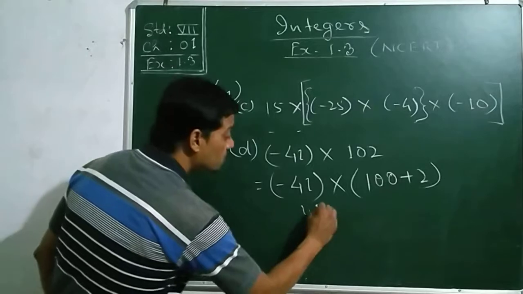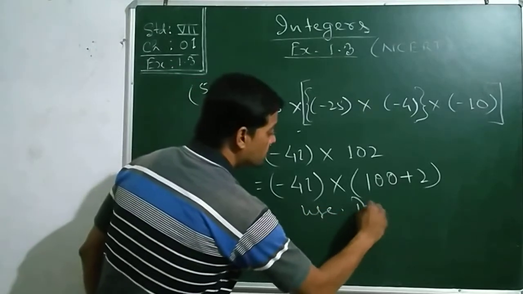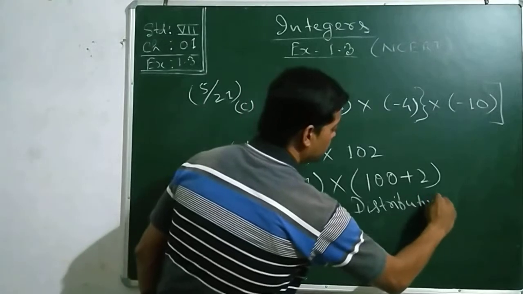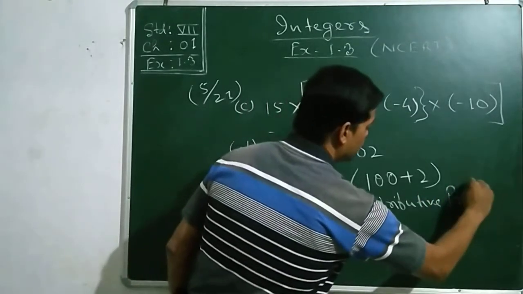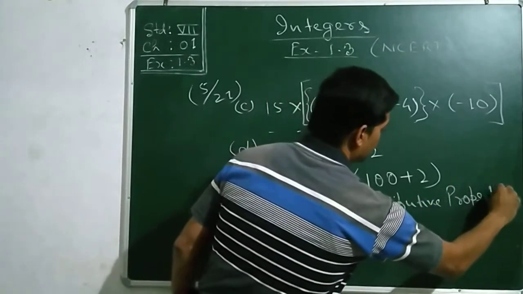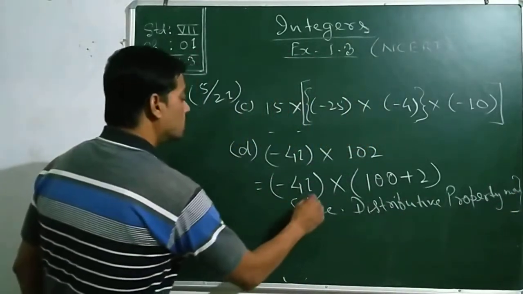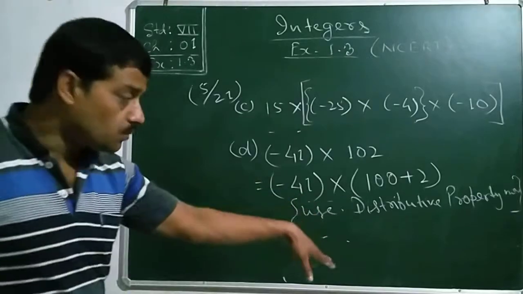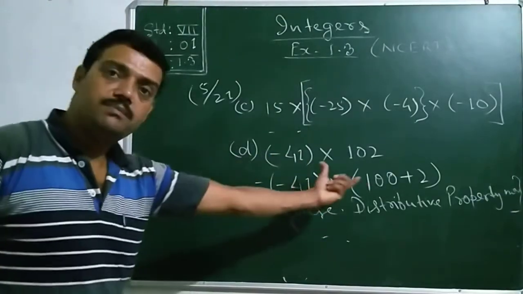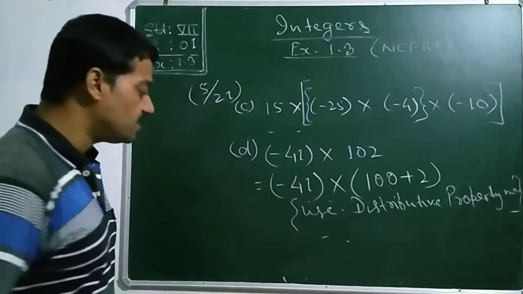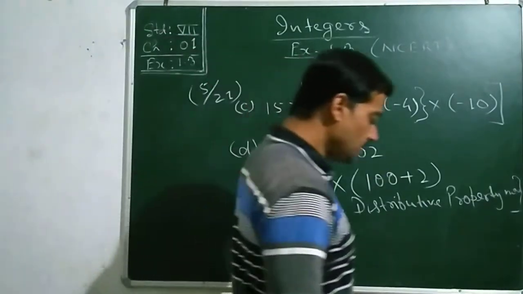Now use distributive property. To find it out, distributive will be convenient, it will take less time than the simple multiplication.